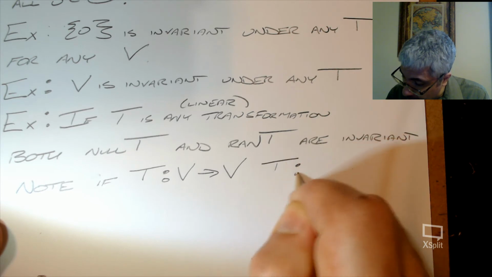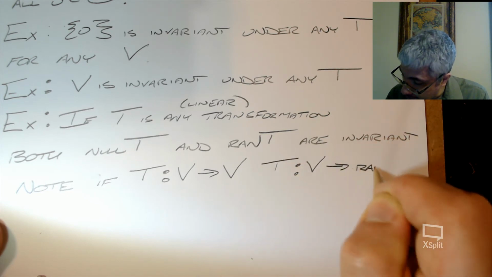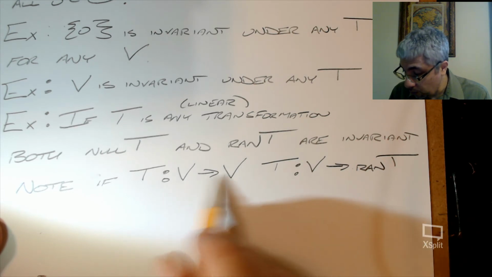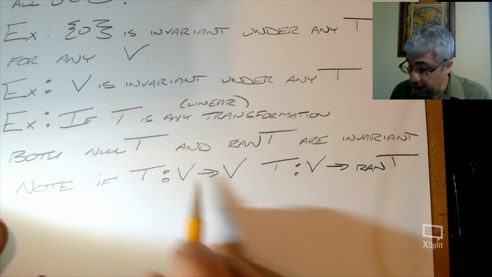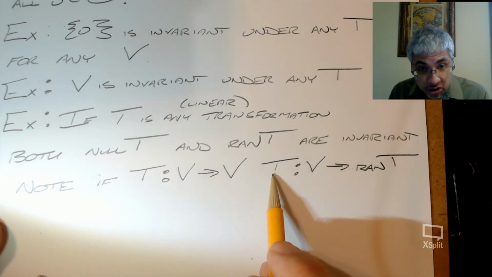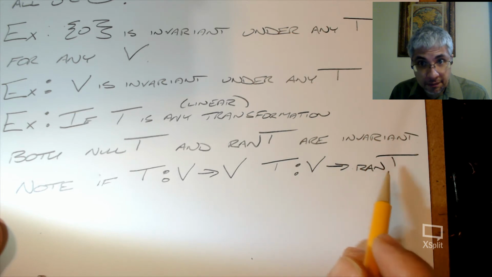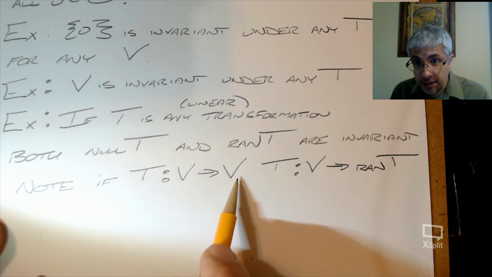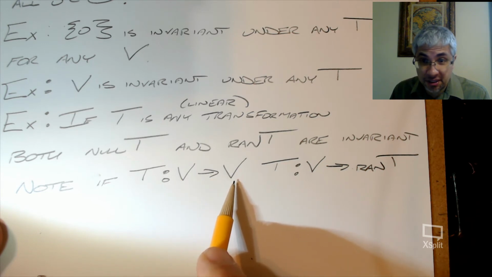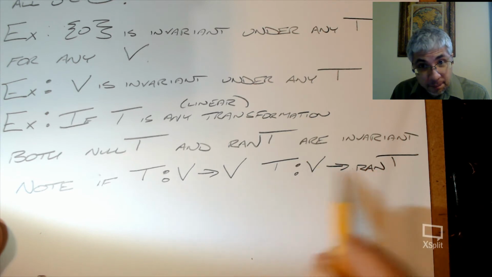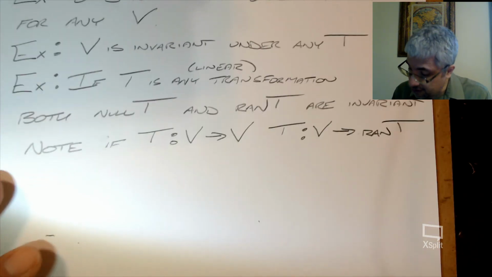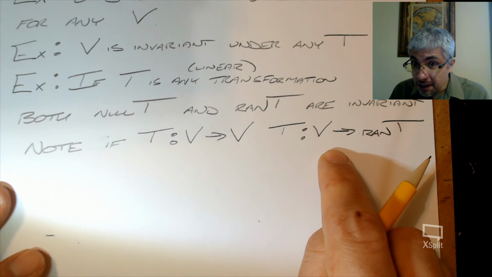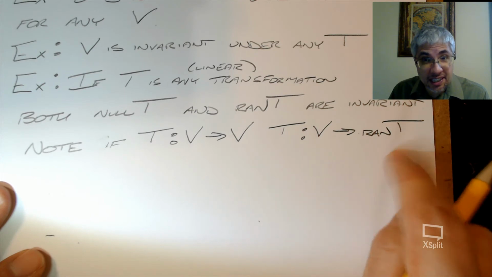So whatever map I have, I could always think of it as a map between V and the range of T. Sometimes we might need to think about it as a map from V to V, but I can also say that map is also a map from V to the range of T. So one more time, a clarification. T might be a map from V to V, but we can always restrict it because it doesn't go outside the range, so we could always think about it as a map from V to the range of T. So because of that, if I take anything in the range of T, it's in V, so it goes to the range of T. So the range of T is invariant.